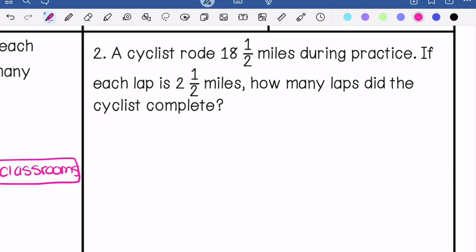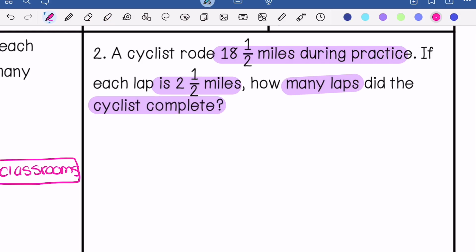A cyclist rode 18.5 miles during practice. If each lap is 2.5 miles, how many laps did the cyclist complete? So 18.5 divided by 2.5.